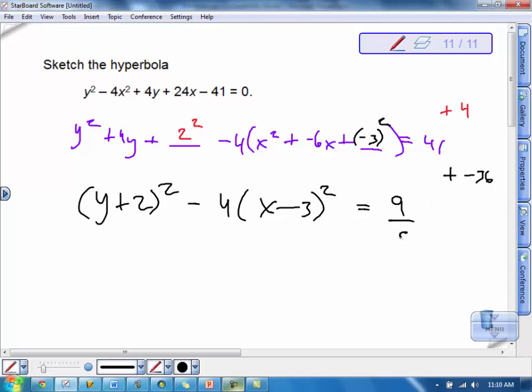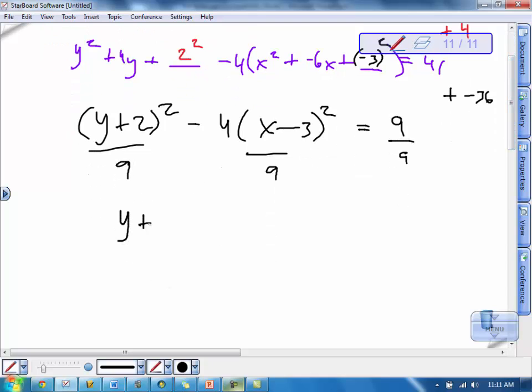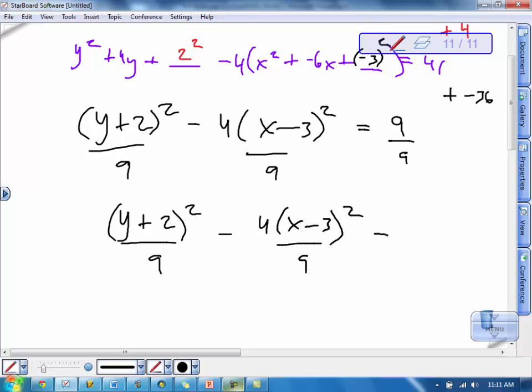So I'm going to divide through by 9. In which case, I get y plus 2 squared over 9 minus 4 times x minus 3 squared over 9 equals 1.